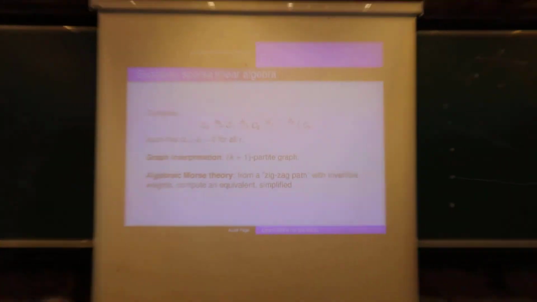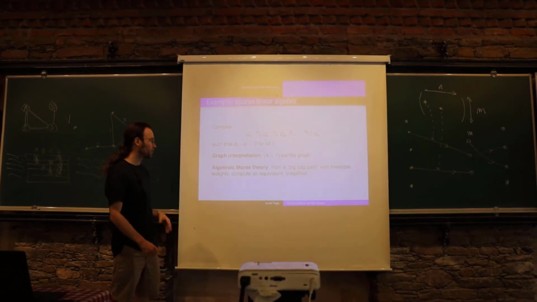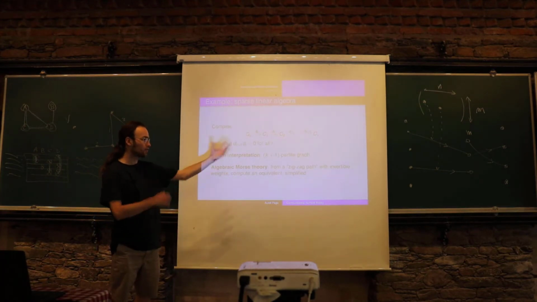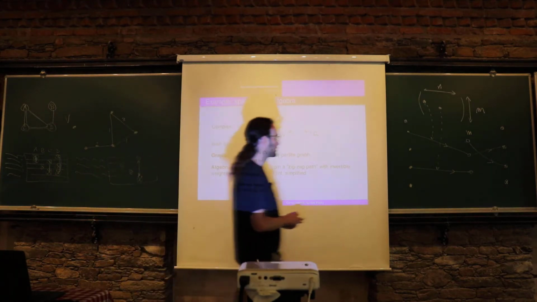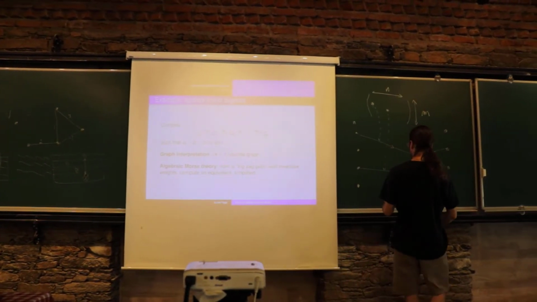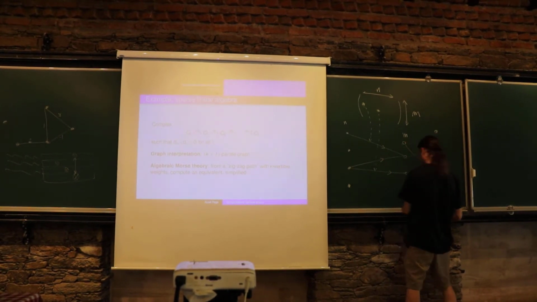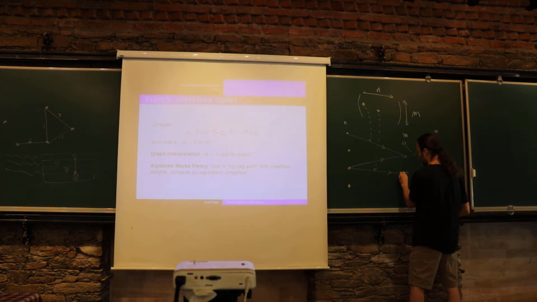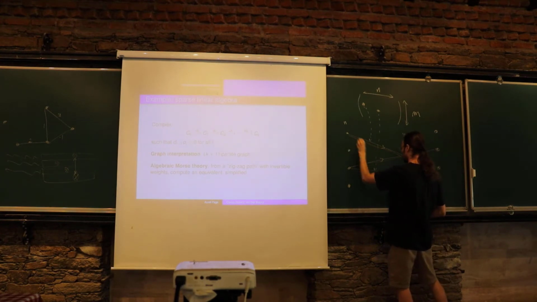And using this interpretation, there is a topological interpretation that allows you to do some kind of elimination. It's called algebraic Morse theory, and it uses zigzag paths. Maybe I'll just show you an example to see what it looks like. It means paths that go from one side to the other and then the other direction, and then like this, something like that.